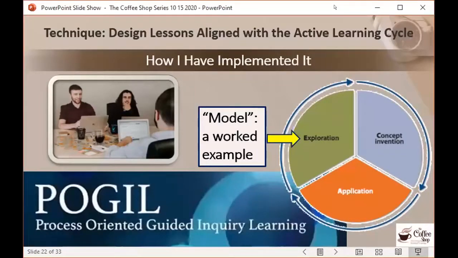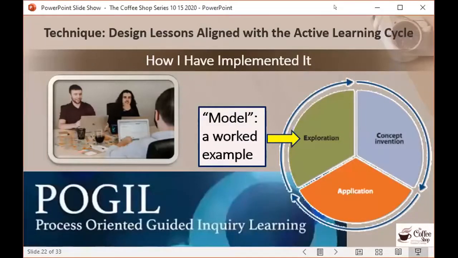You don't try to tell the students in advance how the world works. You try to let them discover it for themselves. And then after they have a look at how the world works, then you try to get them to summarize what they've observed and sort of refine down what they've observed.